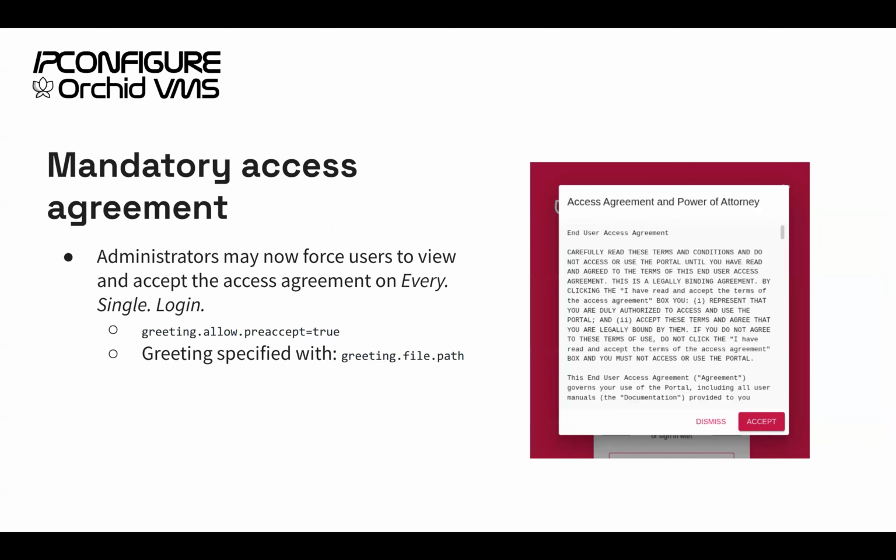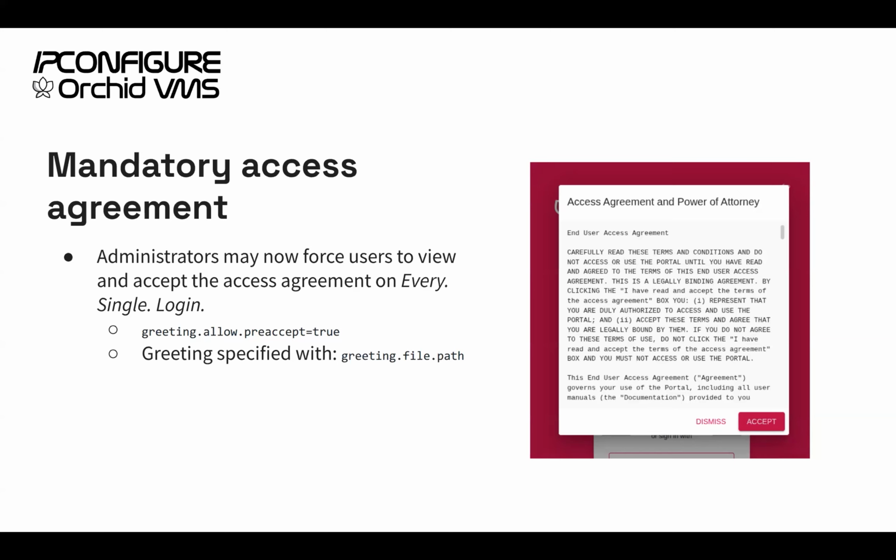All right, so getting into some of the smaller new features in 25.6, system administrators can now define a mandatory access agreement. So Orchid Hybrid users are probably familiar with the access agreement that you have to agree to before you log in. On-prem Orchid Fusion users can also specify their own access agreement. Obviously, that's common with enterprise users who want to bind their employees, bind their end users to some agreement, some set of policies before they access the system.